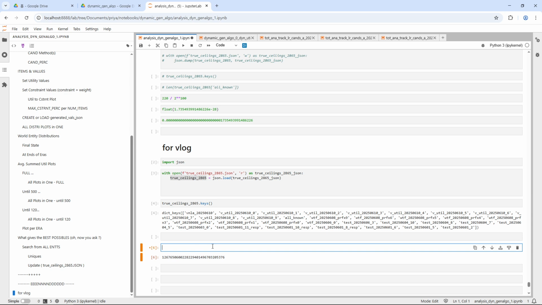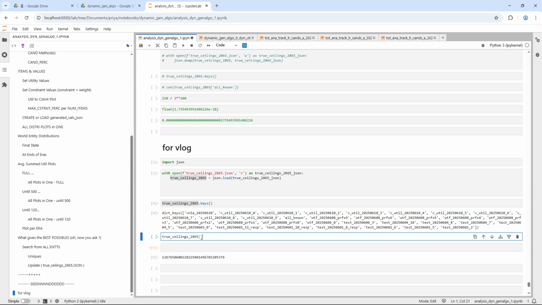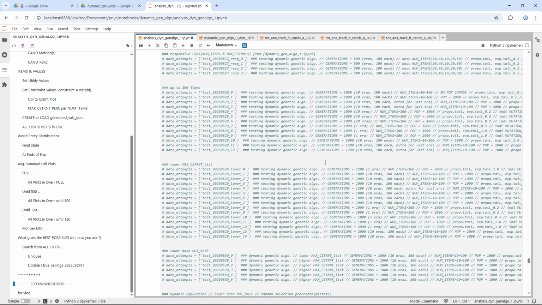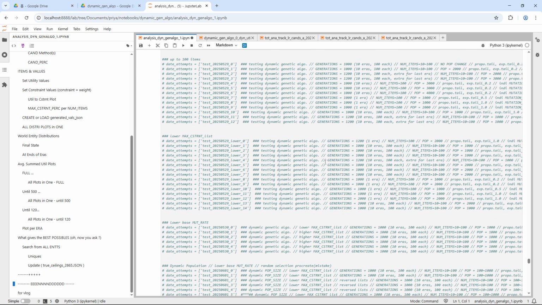So I don't intend to try to find out all of them. But anyway, what I want to do is find out if I had any true ceilings from the first one.